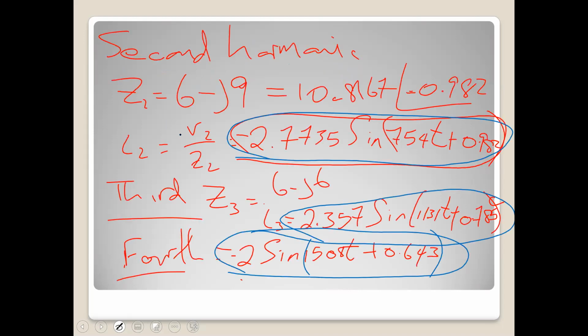So P3 is V3 I3 cos phi 3. Okay, so what is I3? What would I3 be equal to? Sir, 2.357.